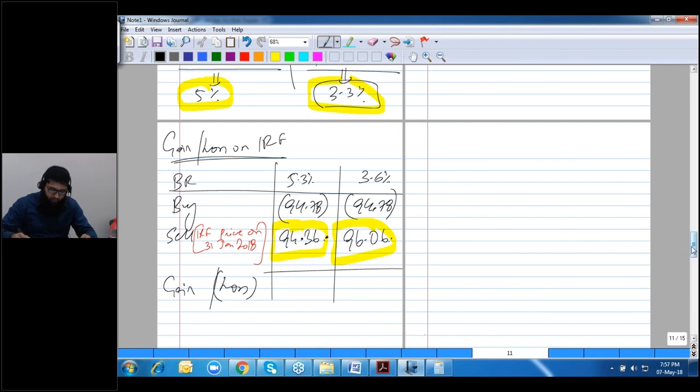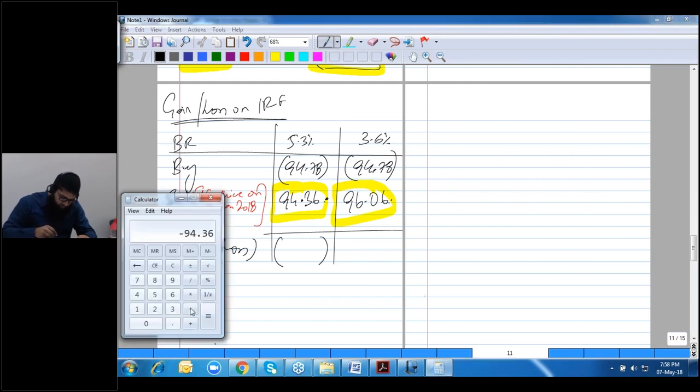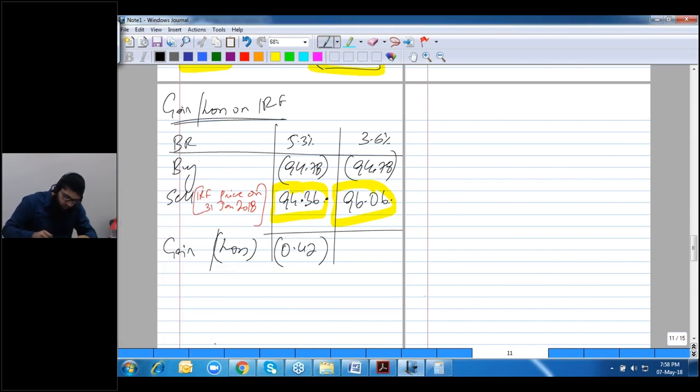But anyway, now let's come on to it. We need to establish the gain or loss, and how exactly we would get it. You've got 94.78, which is the buy price. It's an outflow from your side. 94.36 is the sell price. So you've got a loss. How much is this loss? 0.42%.